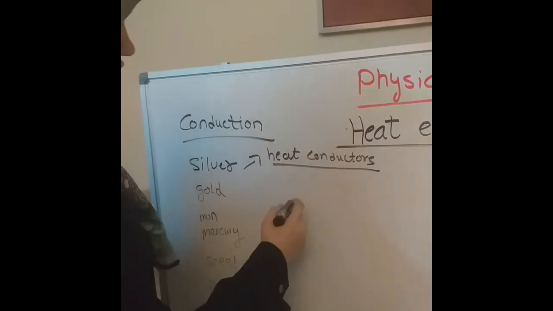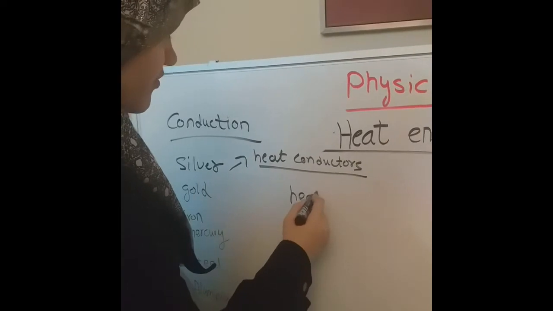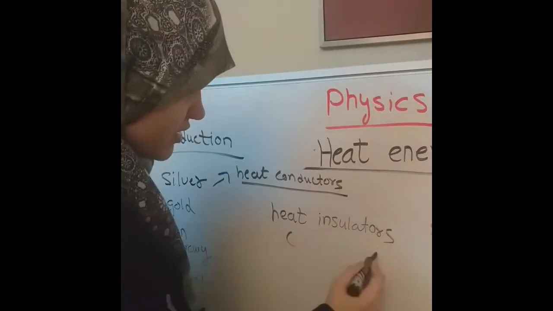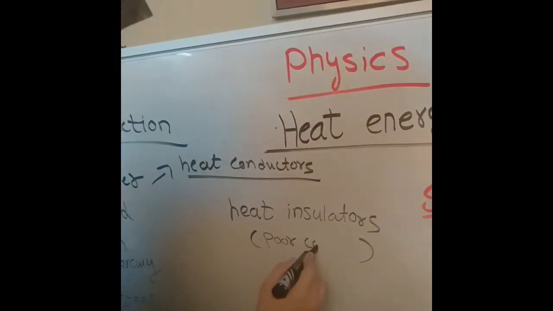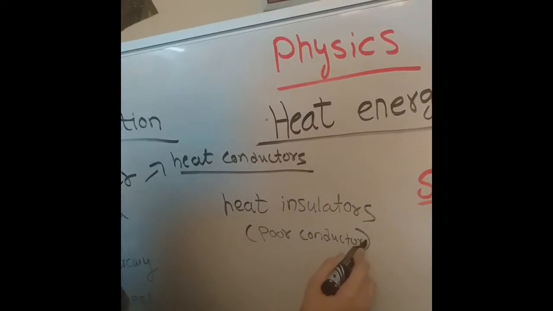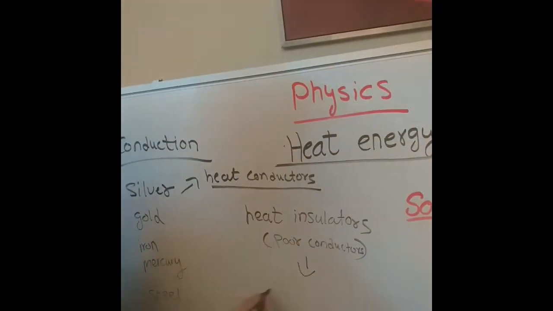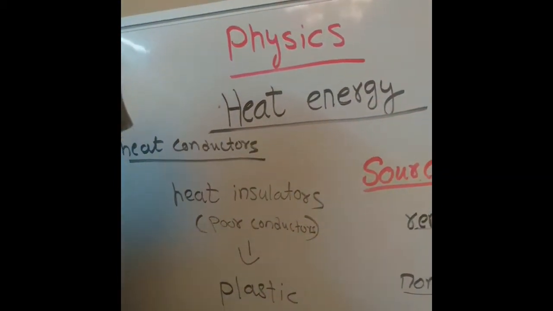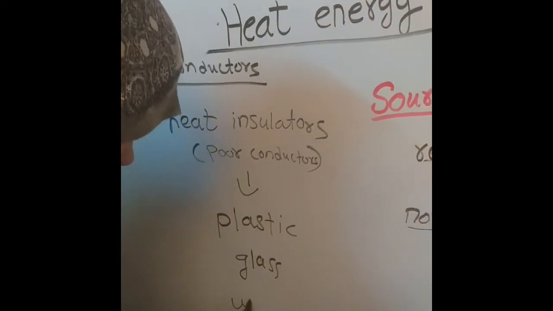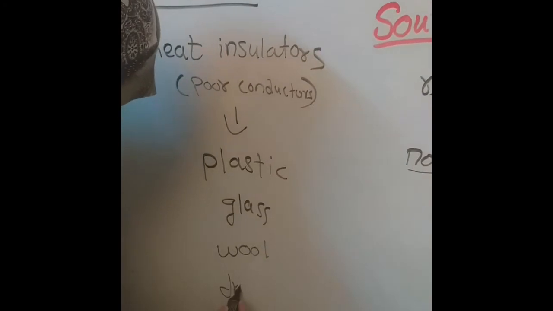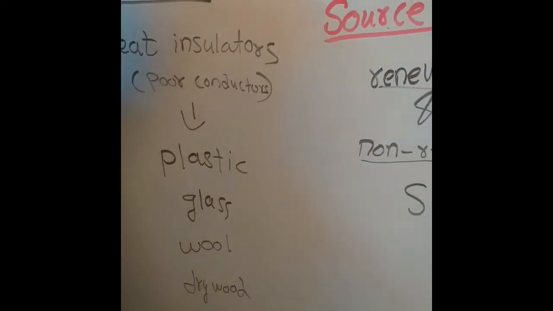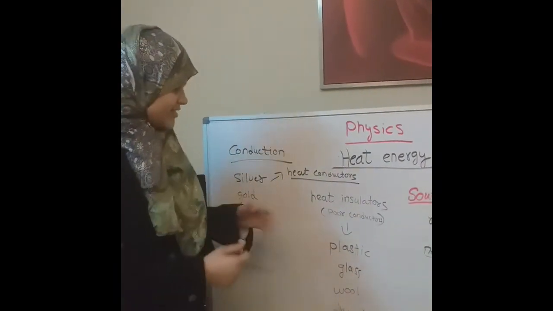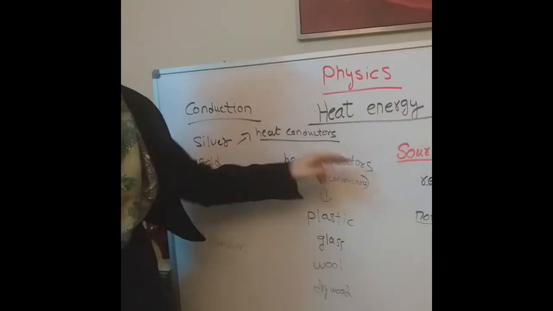Now some examples of heat insulators, which are poor conductors: plastics, glass, wool, dry wood, and also air, oil, graphite, and other things. These are poor conductors or heat insulators.